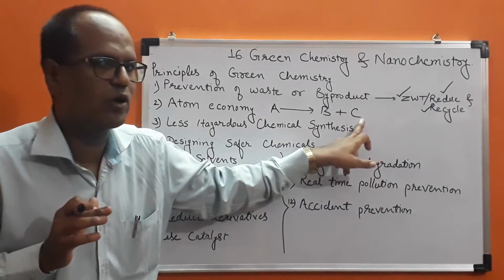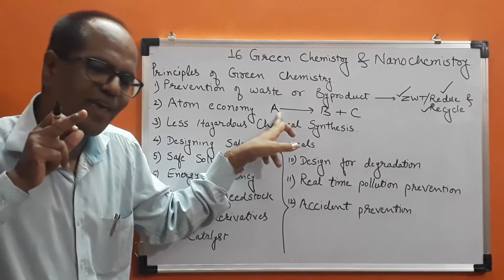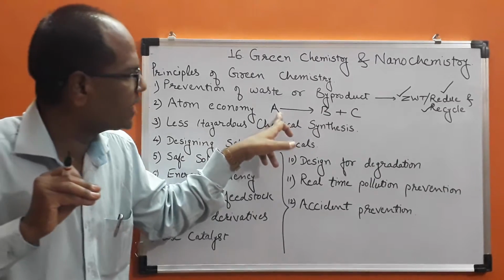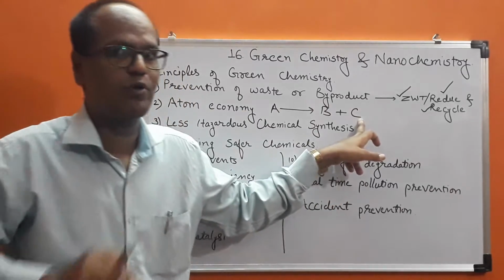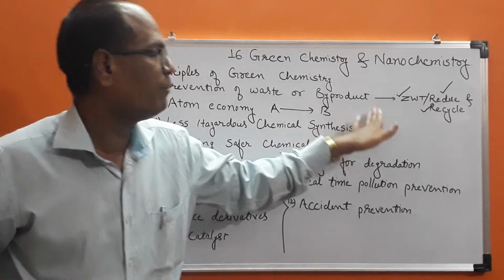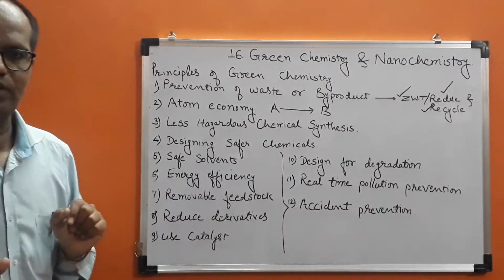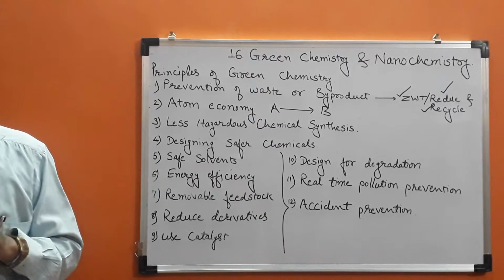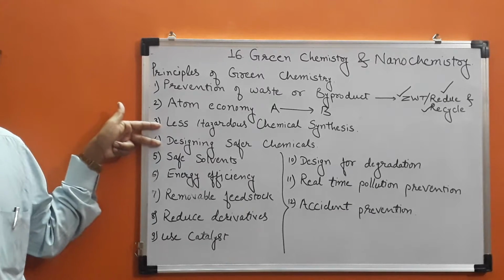If C is our byproduct, then whatever substance we have used as A, most of the substance should get converted into B and not C, because C is our byproduct. As far as possible, reduce the quantity of byproduct and increase the quantity of this product, which is known as atom economy.